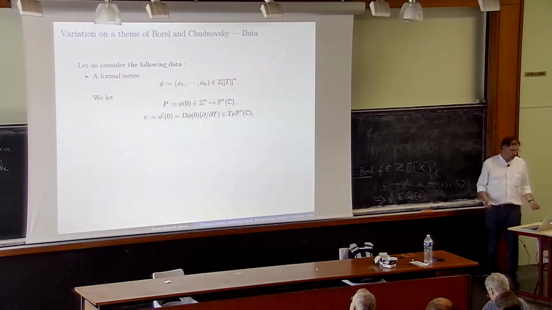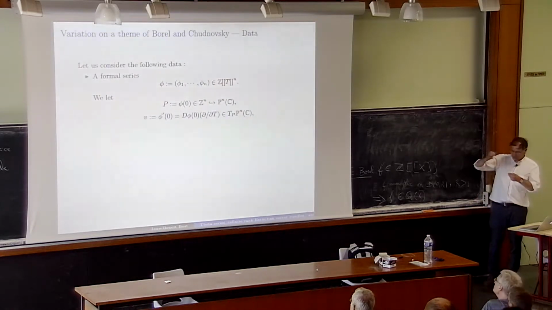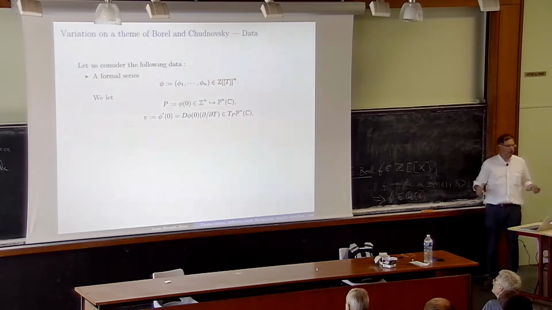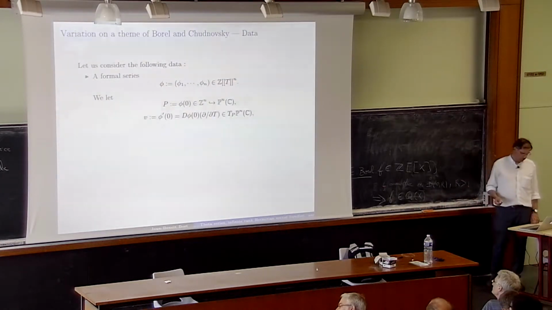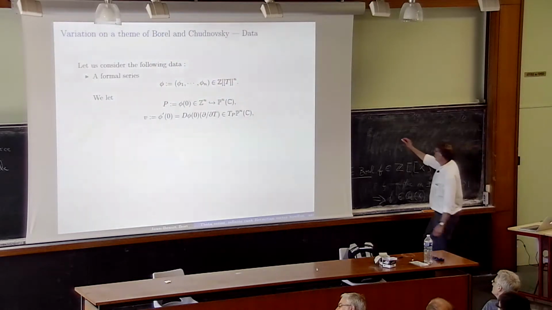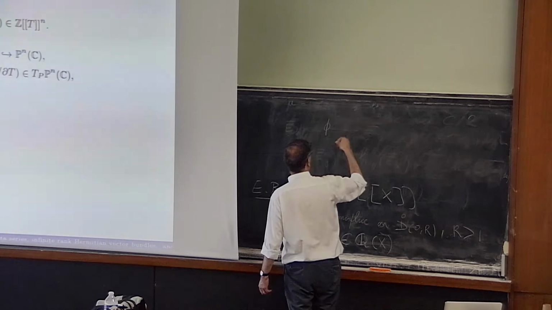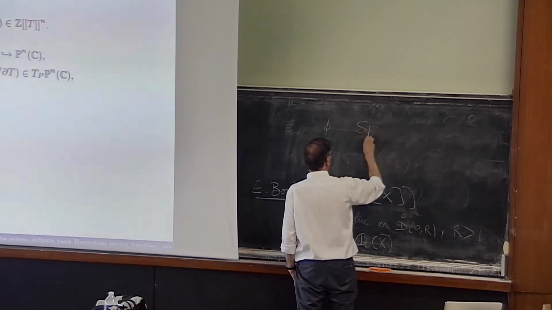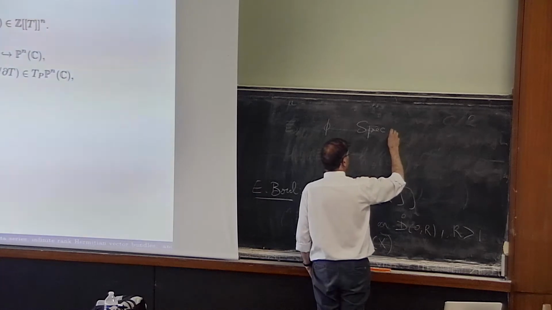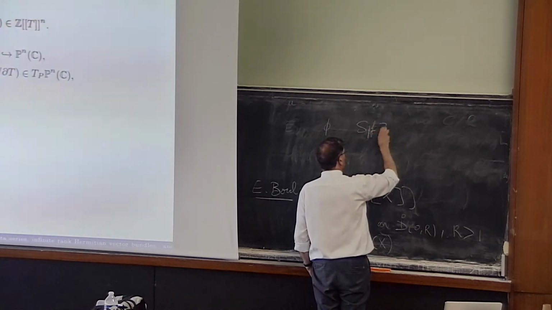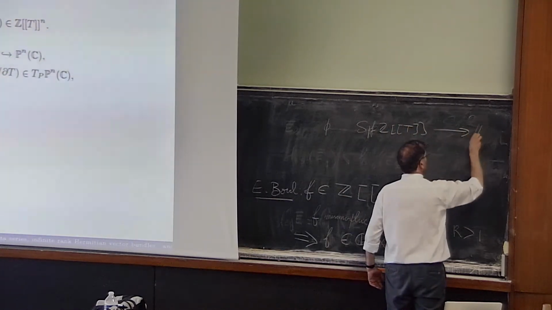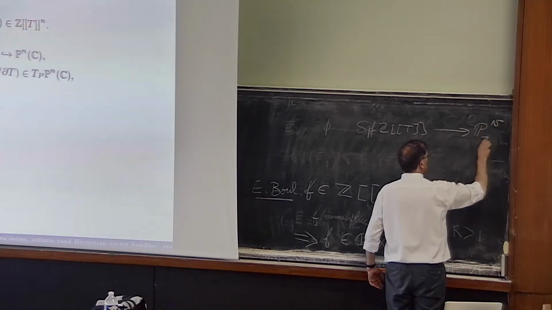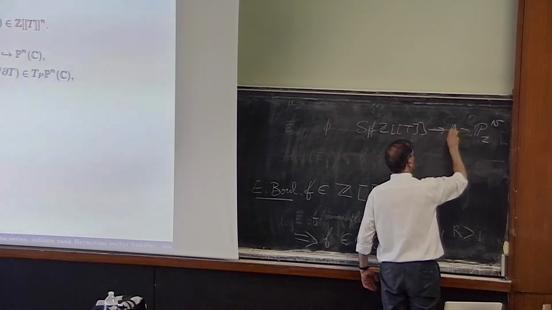I want to understand this as giving you some germ of formal curve in the projective space over Z. So your germ of formal curve, if you want, with something like Spec, whatever it means, to P^n. Well, actually it goes to the affine space.